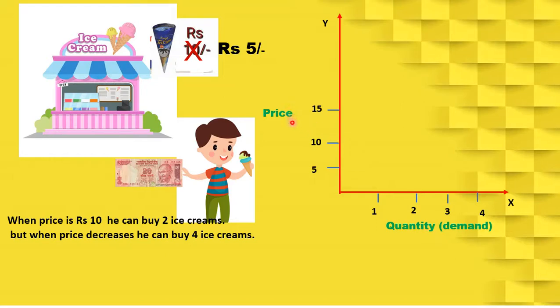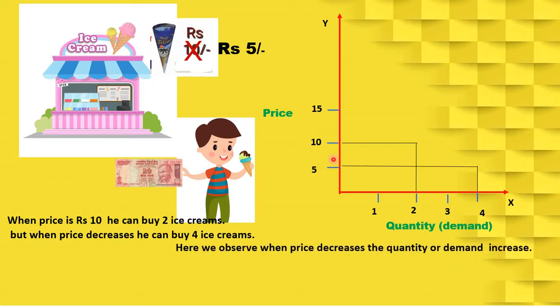As we observed, at rupees 10 the number of ice creams that can be purchased is 2, and when the price is rupees 5, the boy can purchase 4 ice creams. Here we observe that when the price decreases, the quantity, or we can say the demand, increases.